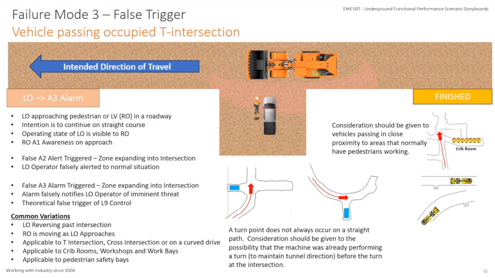They may want an alarm to occur even though the pedestrian is inside that cuddy and trying to move to a safe place. Whereas other operations may actually want it to be silenced because the person is safely in that bay. So it needs to be considered. It needs to be discussed with the individual operations and with the suppliers, right? Fairly straightforward, but this one in combination with the previous one, I think, is one of the biggest ones the underground community is really interested in.